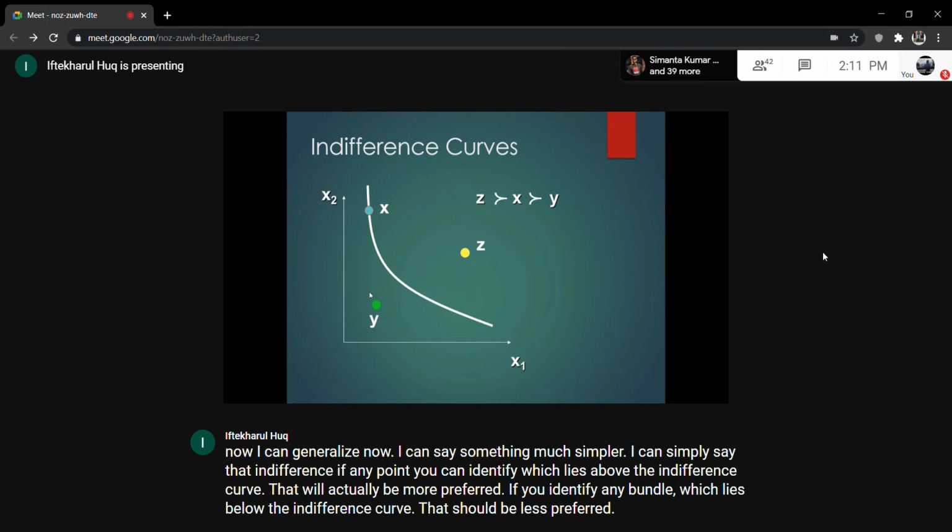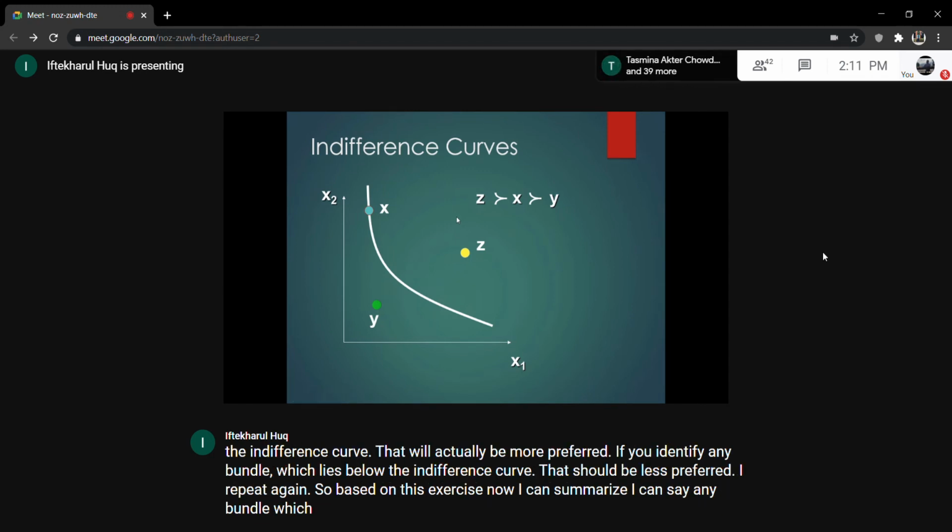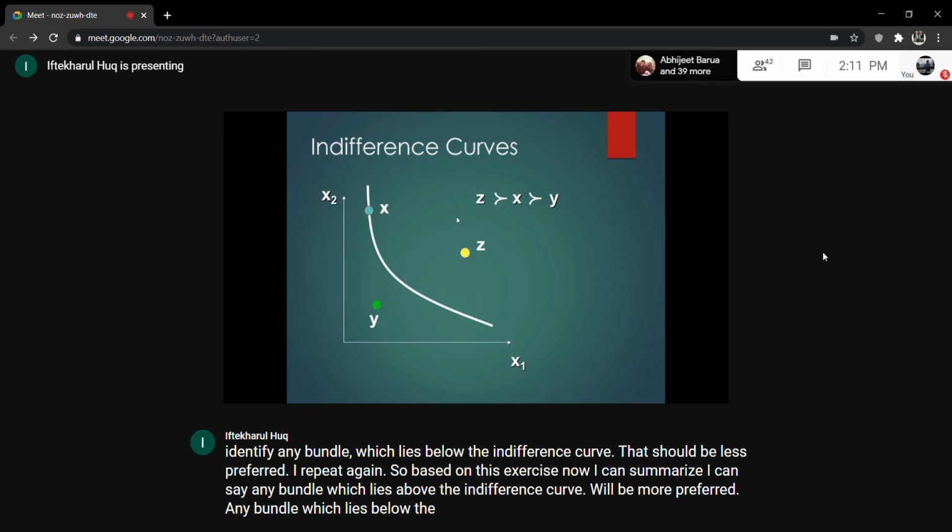I repeat again: based on this exercise, I can summarize that any bundle which lies above the indifference curve will be more preferred. Any bundle which lies below the indifference curve will be less preferred.